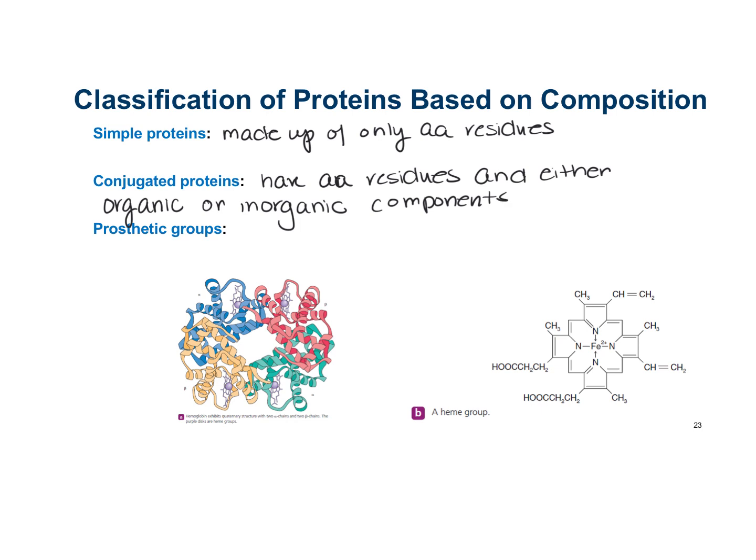Now, the non-amino acid part of the conjugated proteins are called prosthetic groups. So these are just the non-amino acid components or parts of proteins. They can be a lot of things. So proteins can contain lipids, they can contain carbohydrates, they can contain metal ions.